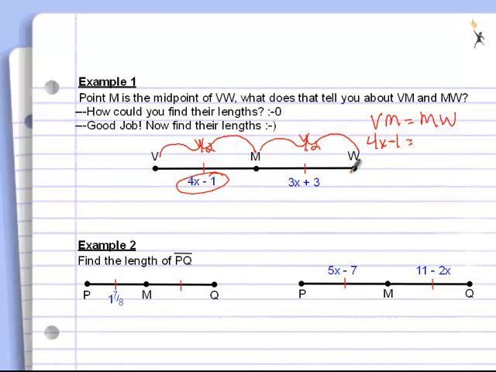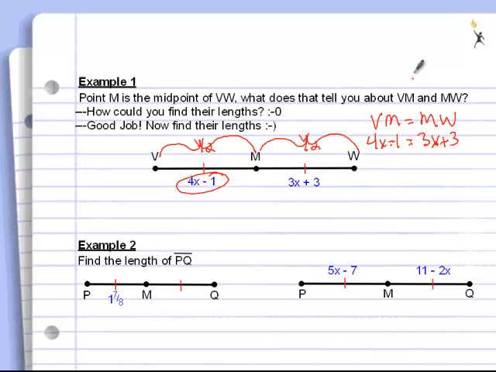Just like when we did the segment addition postulate, we said that this segment plus this segment equals the whole, and we just replaced the different values with whatever they were. I can say that VM equals 4x minus 1. I can say that MW equals 3x plus 1, so I can just replace them in my equation. And now I can use my algebra skills to solve this.